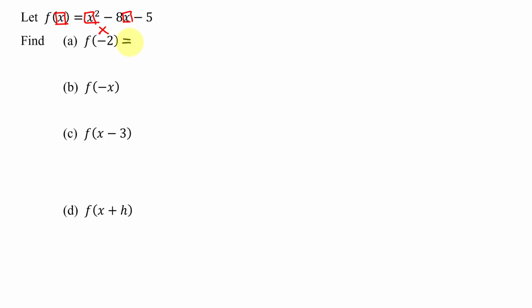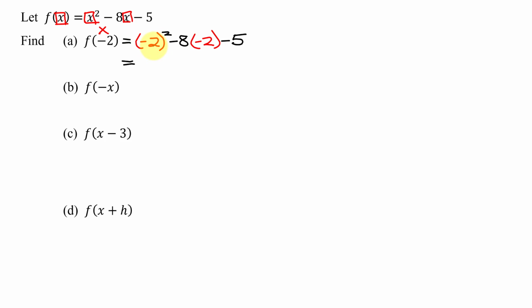So it's going to give me, instead of x squared, I'm going to have negative 2 squared minus 8 times x. Well, in this case, x is negative 2. And then finally, don't forget the minus 5. Now all I have to do is evaluate this arithmetic expression.